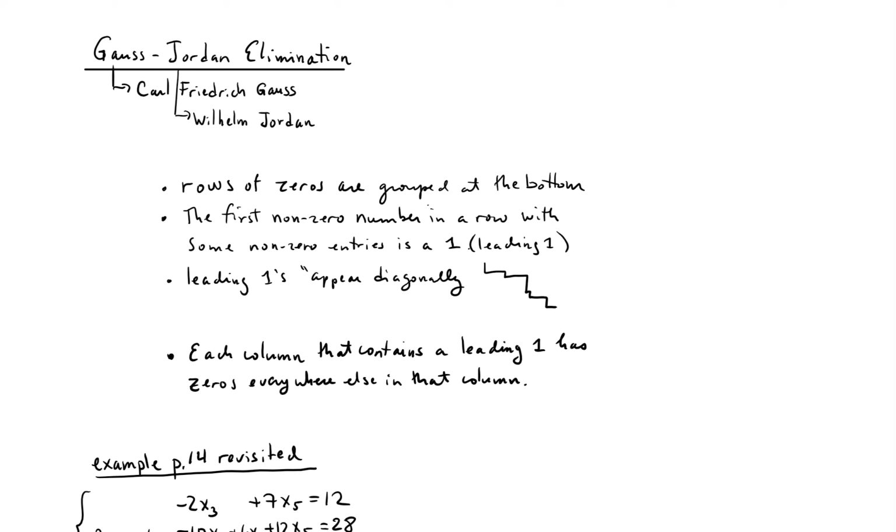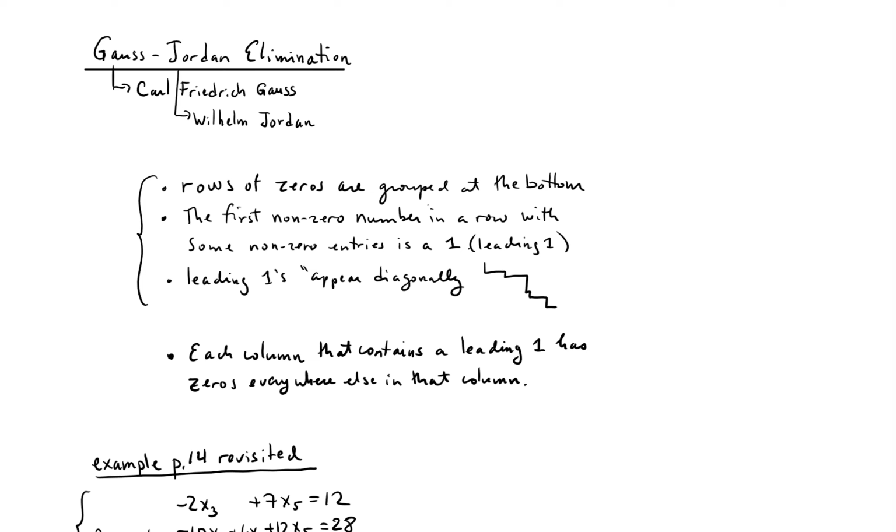What's row echelon form? Again, it's a matrix that satisfies the first three properties listed here. First one is that rows of zeros are grouped at the bottom. Second property, the first non-zero number in a row with some non-zero entries is a 1, so that's called a leading 1.